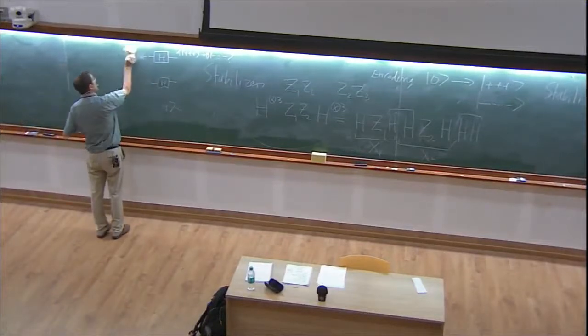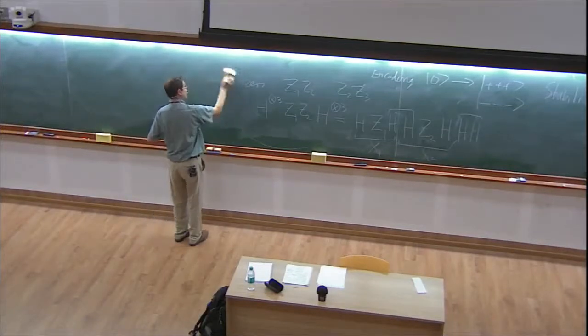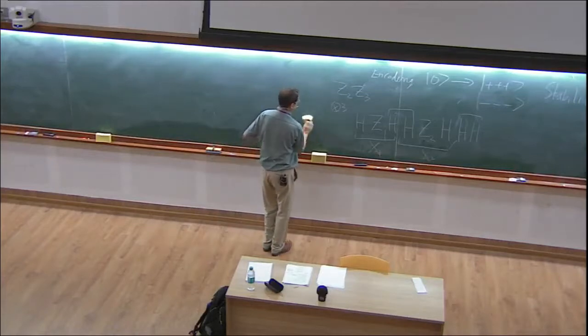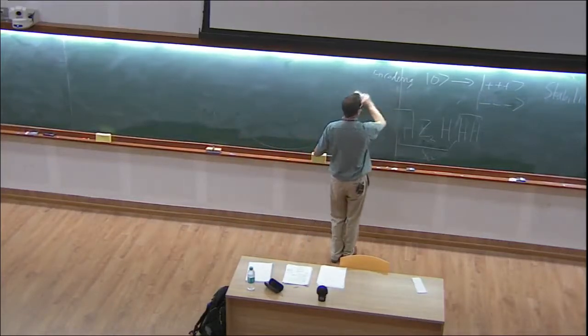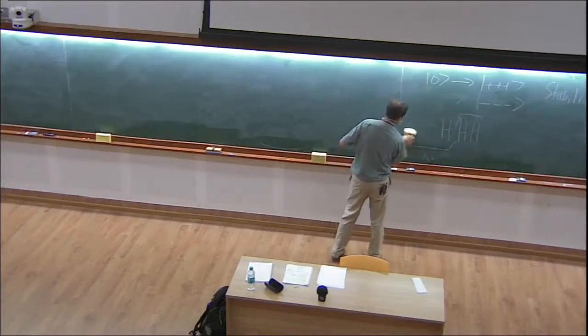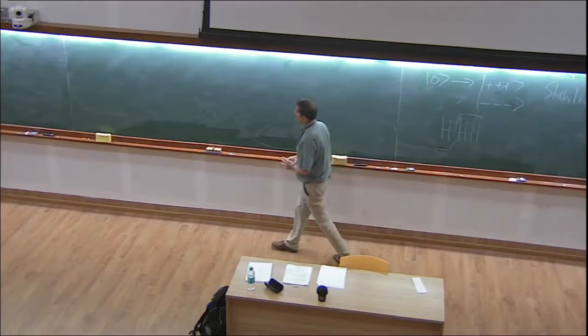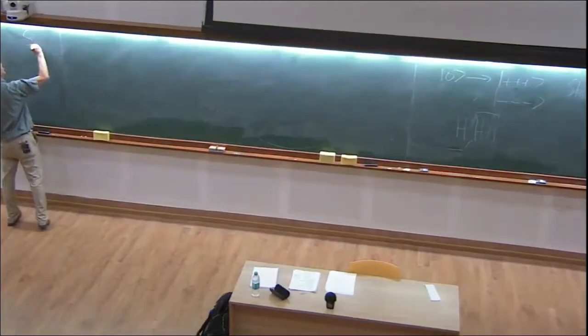Some of the early codes were proposed by Peter Shor again, and a different one by Andrew Steane. It turns out the smallest size of code word that you can get away with is n equals 5.